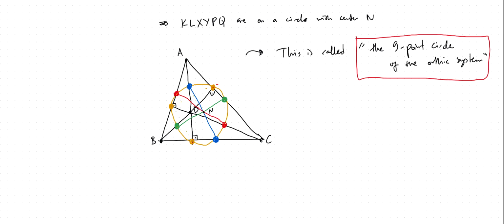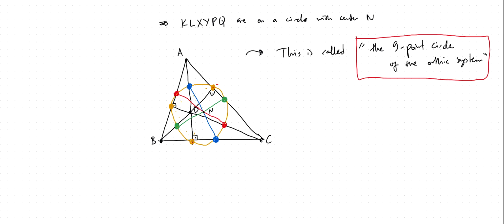So this line BC is an external angle bisector for this orange angle, and line AD is an internal angle bisector for this. Similarly, the line AB is an external angle bisector for this orange triangle. It's always like that.